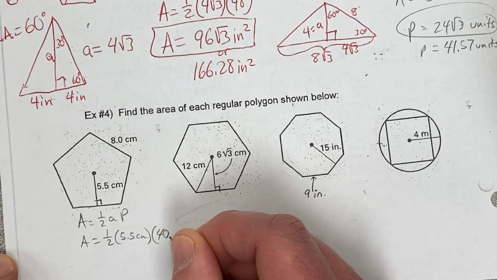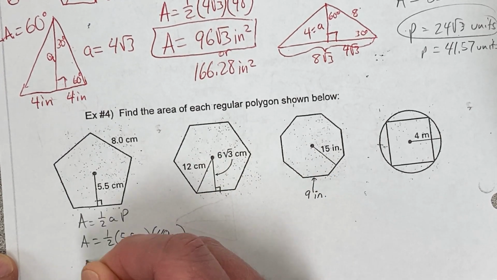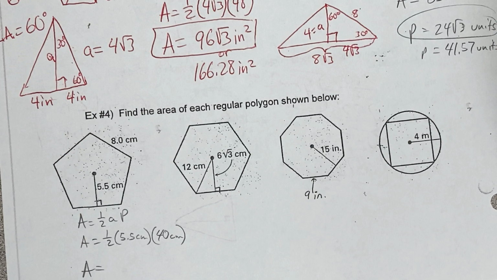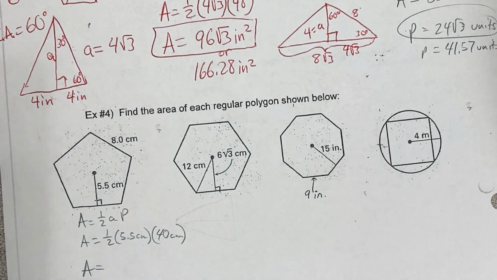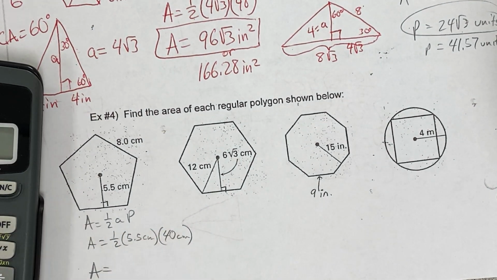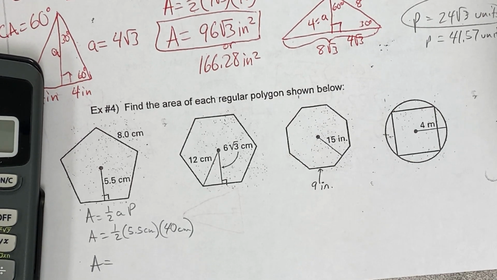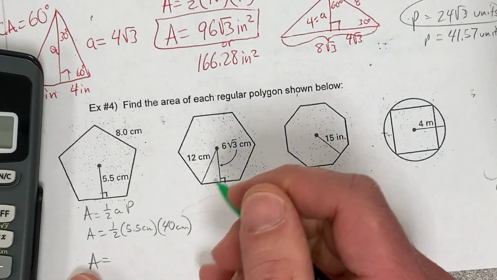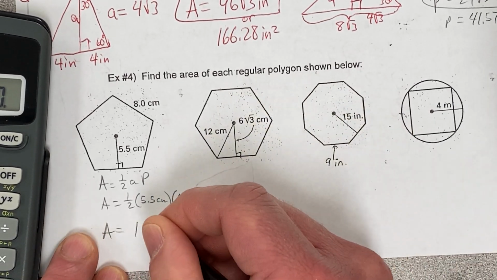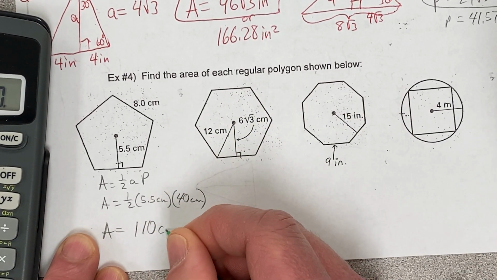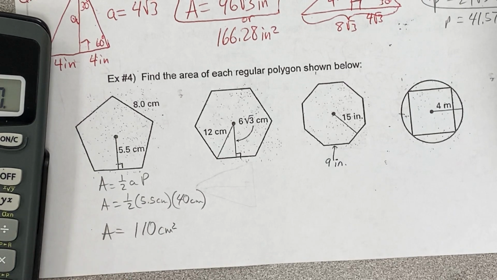And we're going to get 40 centimeters, which makes our area 20. I just did half of 40, so 20 times 5.5, which is 110 centimeters squared.